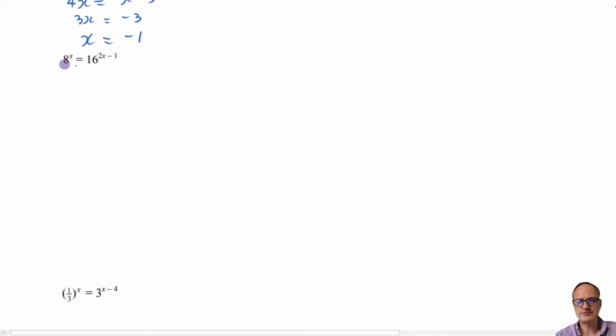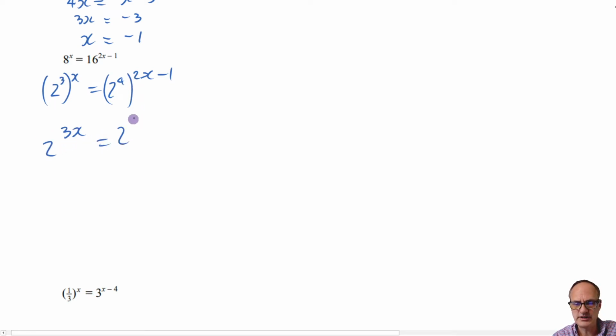Okay, moving on to this one. We've got 8 as a power of 2, and 16 can be a power of 2. So we go 2 cubed to the power of x equals 2 to the 4, to the 2x minus 1. A common mistake will be to forget to multiply everything by 4 here. So we get 2 to the 3x equals 2 to the 8x minus 4, because we've got to multiply both things.